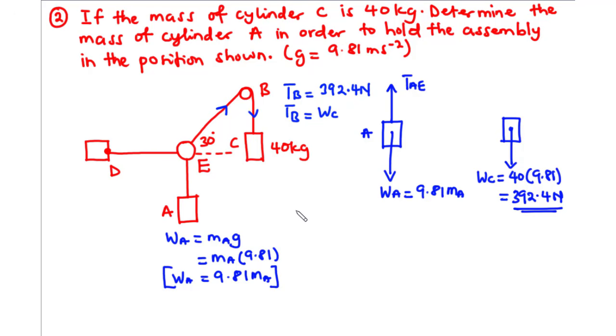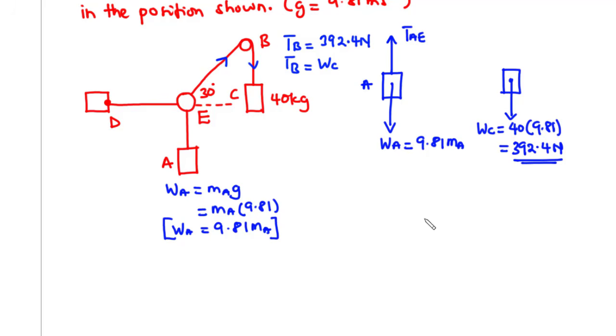Now let's represent this on the XY plane. On the XY plane, we have the y-axis, we have the x-axis. We have WA to be the weight of cylinder A, so this is WA, 9.81 times MA.